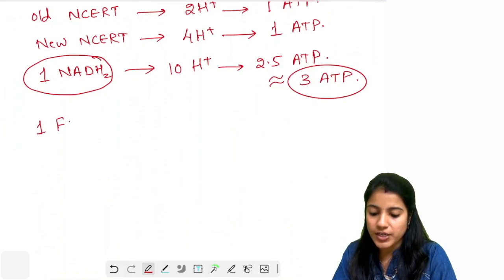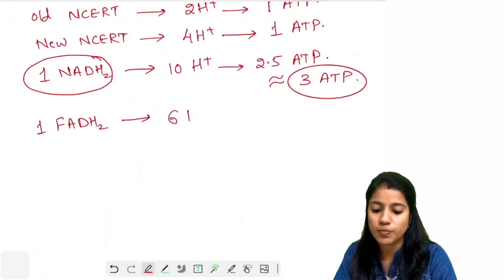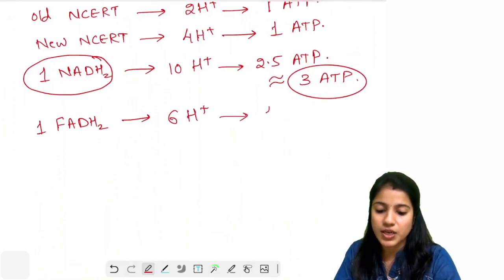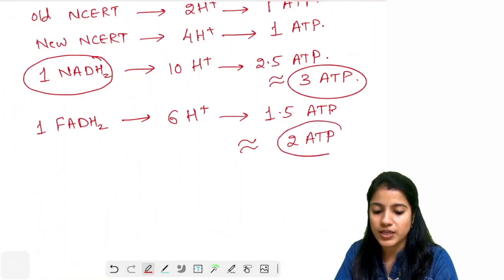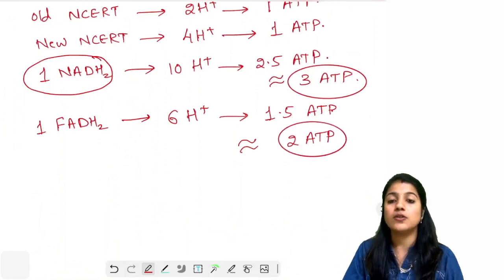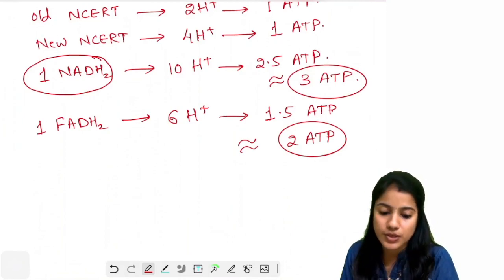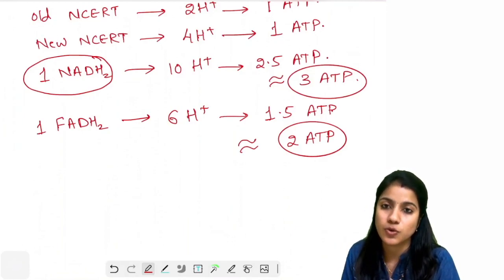One FADH2 molecule results into pumping of 6 protons, right? Which is equal to 1.5 molecules of ATP. So approximately we are taking it as 2 molecules of ATP. It also involves some concept of how much total energy the ATP molecule is holding.